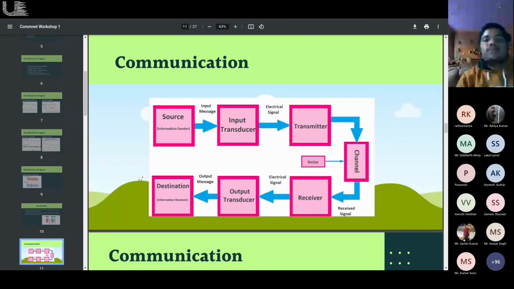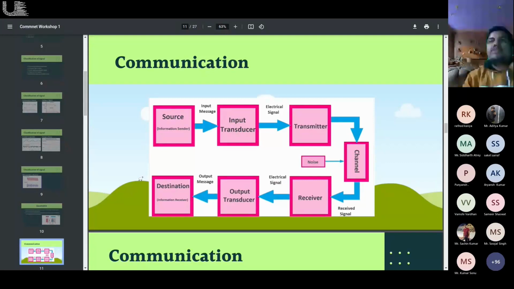This is a problem which we were facing, and different techniques and devices have been invented since then so that we can have noiseless communication. Do you think we have achieved noiseless communication? Not through the atmosphere channel.